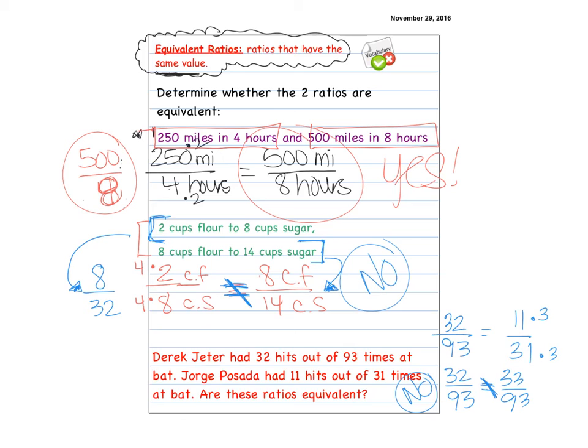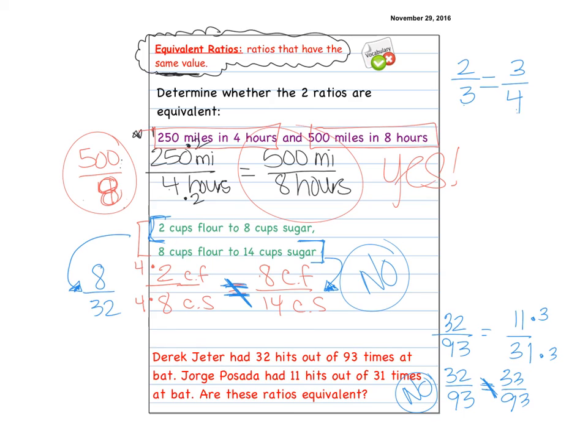I want to do one more quick example. Let's say I have 2/3, or something like a ratio of 2 boys to 3 girls, and then here we have 3 boys to 4 girls, and we want to know if they're equivalent, which I know you're probably thinking you already know that they're not. But 3 cannot go into 4 and 4 cannot go into 3.